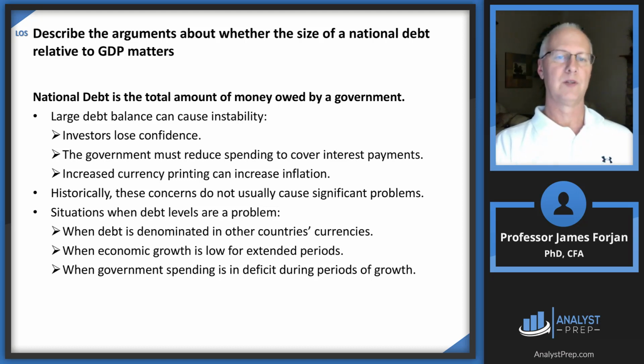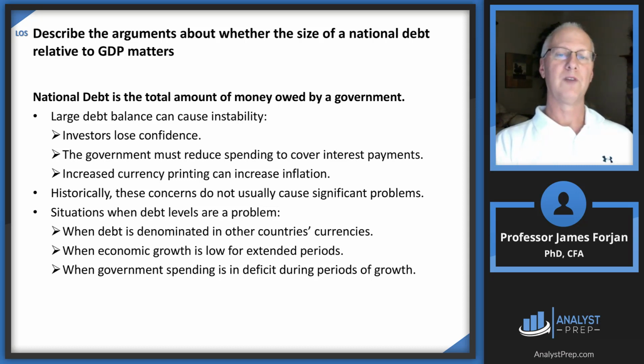So here are a couple things to consider. Large debt balance can cause instability. There's no doubt about it. You remember a few years ago, those of you who were paying attention in the United States, there was some talk that our Treasury bonds were going to lose their investment grade, their AAA rating. I'm not really sure what that means, but there was a lot of talk about investors losing confidence.